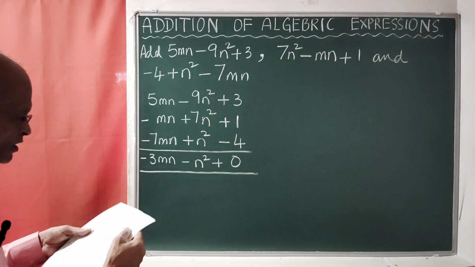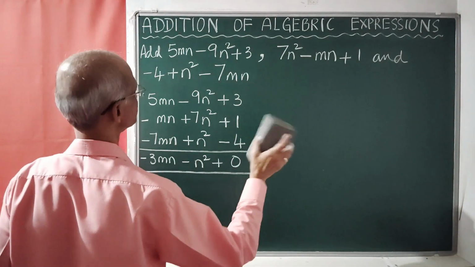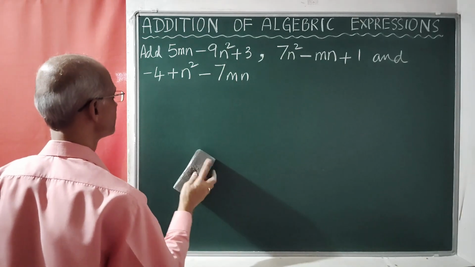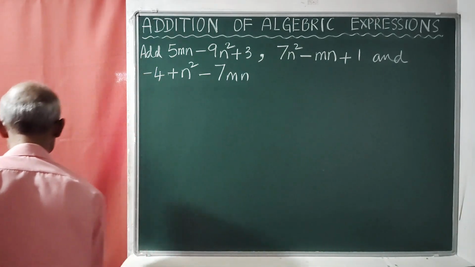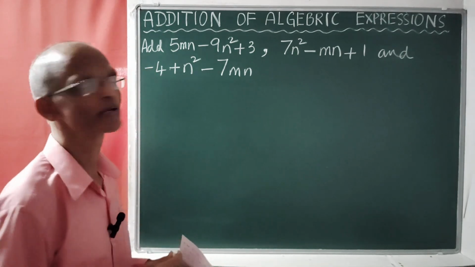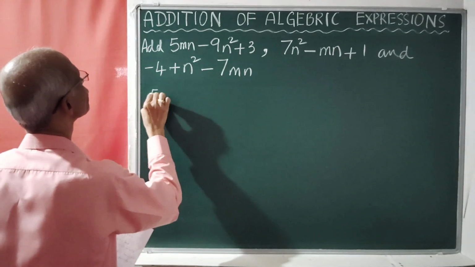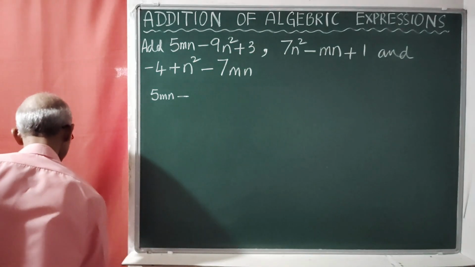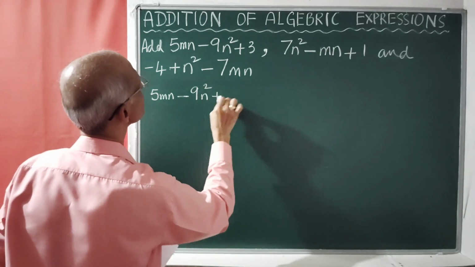Now the same sum we will do in the row method. First, now we will solve the same sum in the row method. 5mn minus 9n square plus 3.